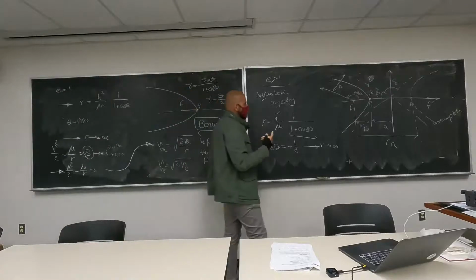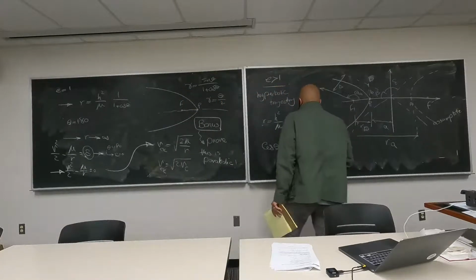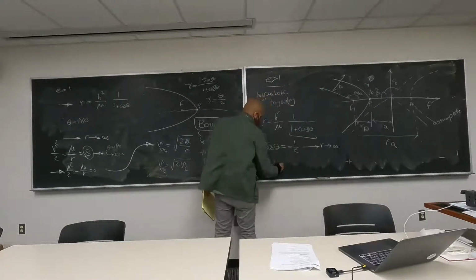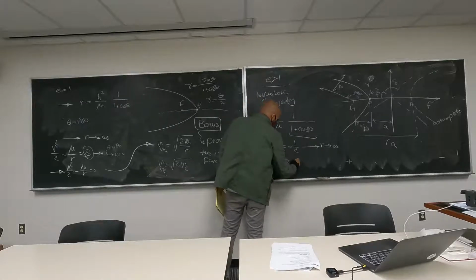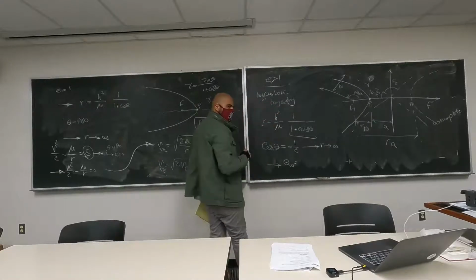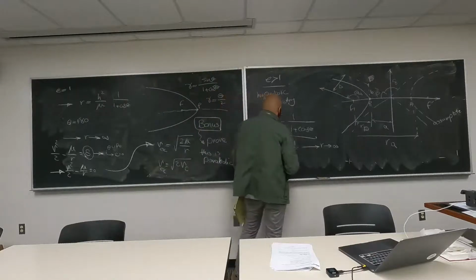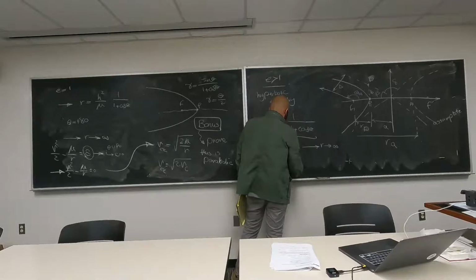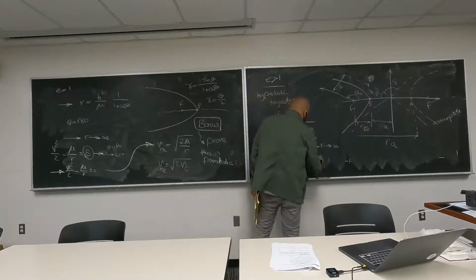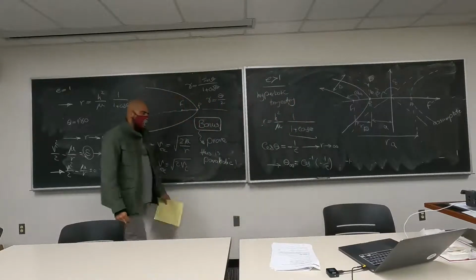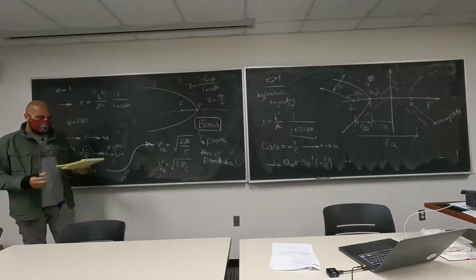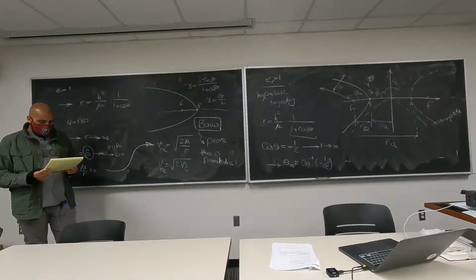So it is obvious from this figure that theta infinity is actually the theta at which you are going to get infinite radius, right? Your radius is going to approach infinity, which means that you can find theta infinity by taking the inverse cosine of -1 over e.